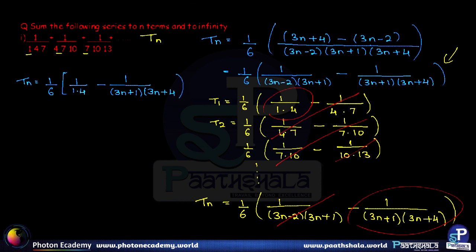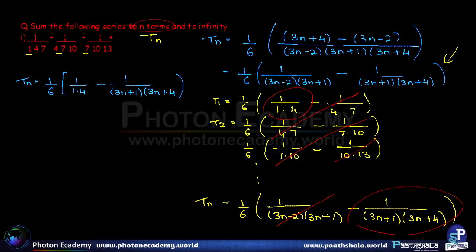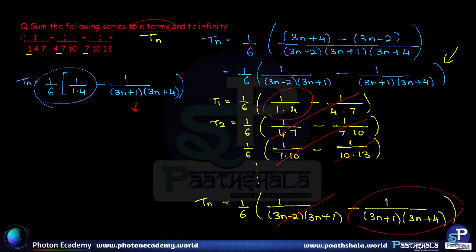Okay, so if we have to calculate the sum up to n terms, then this is our final answer. And if we have to calculate the sum to infinity, this will become 1 upon infinity, so that is 0, and we are left with just these two terms, so that will become 1 upon 6 into 1 upon 4, so that is 24. So the answer is 1 upon 24.